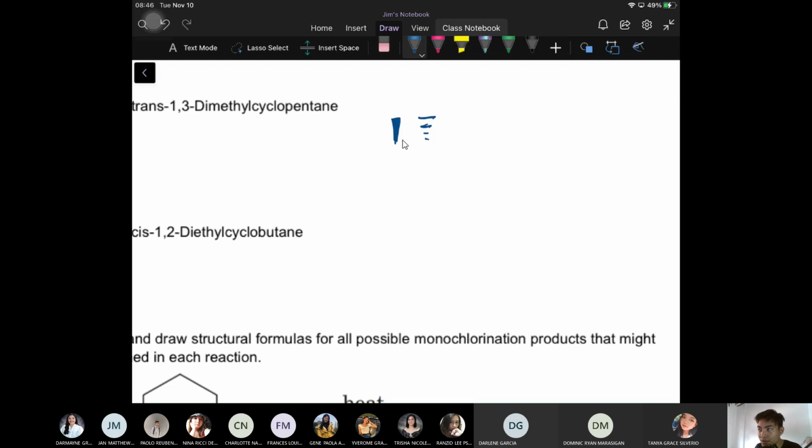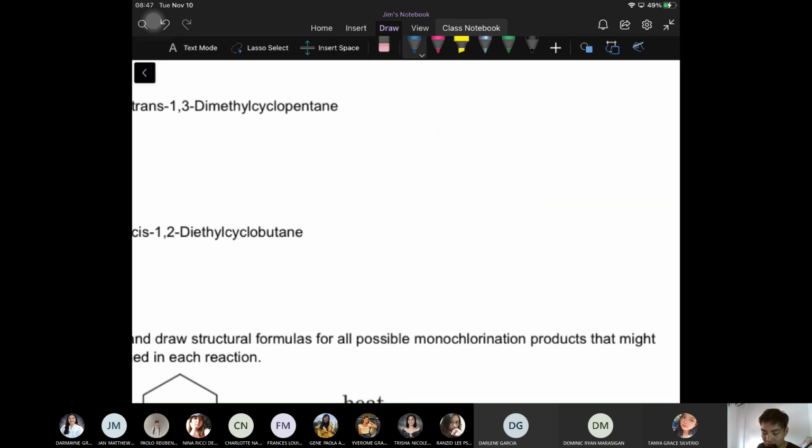Okay? So if both are pointed towards you, or both are pointed away from you, that is a cis isomer. What about trans? It's a combination of the two. One is pointing toward you, the other is pointing away from you. So, let's do this. We have trans-1,3-dimethylcyclopentane. You draw the parent chain first, cyclopentane.